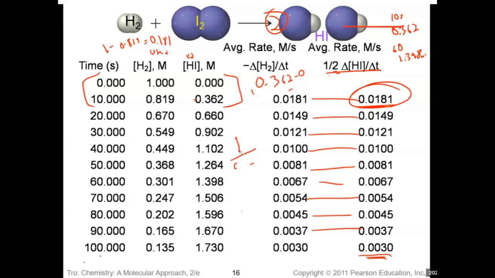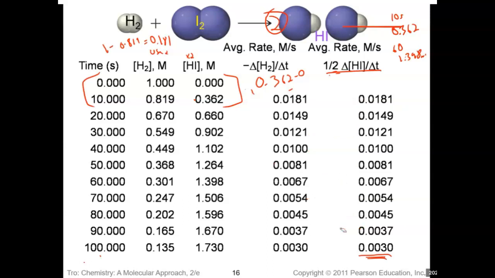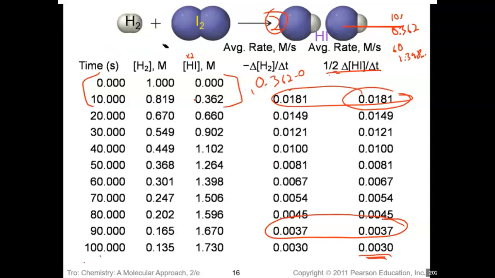Okay, so when we're looking at this, we're going to start taking a very molecular view when we're talking about kinetics. And again, those of you taking 229 will always be doing a molecular view. If we look at this rate here, it's much faster than this rate down here. And the reason is because when we start a reaction, you can look at our concentration. Look at how much H2 we have in our reactants at the beginning versus how much H2 we have in the end. We don't have as much H2.